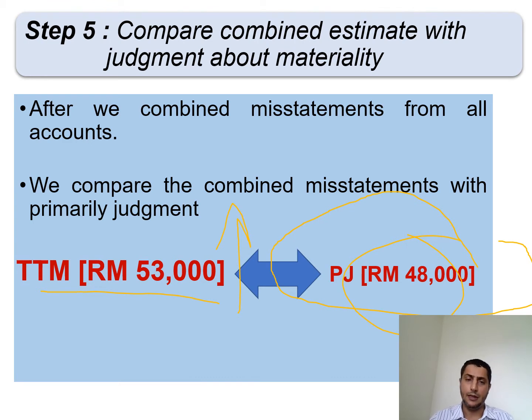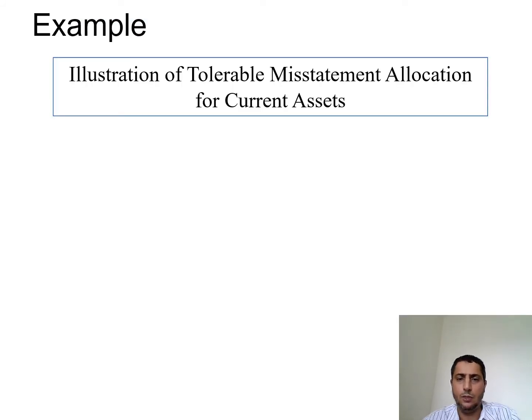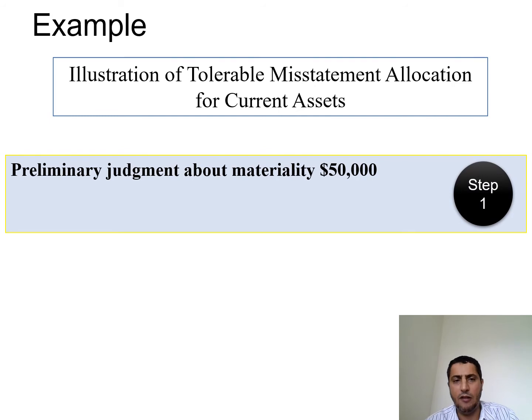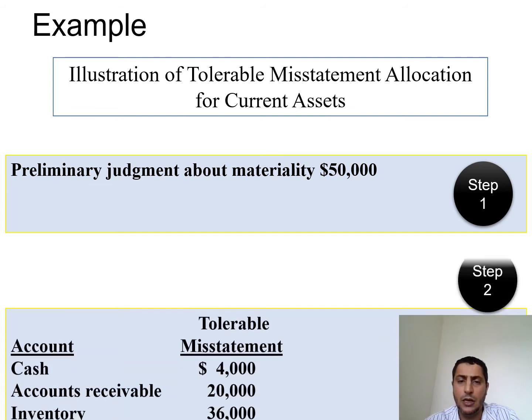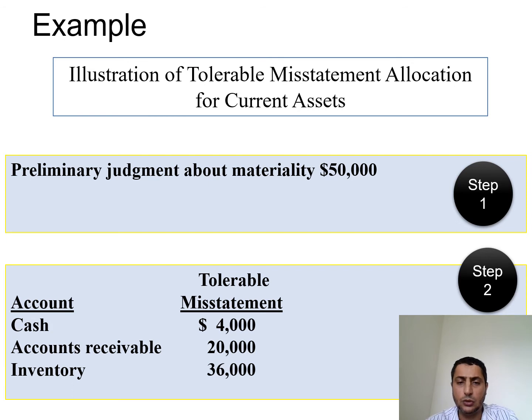Okay, we will have more discussion and more illustration in the next example. So for this example, we have step number 1. We set up the preliminary judgment for the current assets, which is 50,000, and step 2 is to allocate the 50,000 into the sub-accounts under the current assets, which are cash, accounts receivable, and inventory.